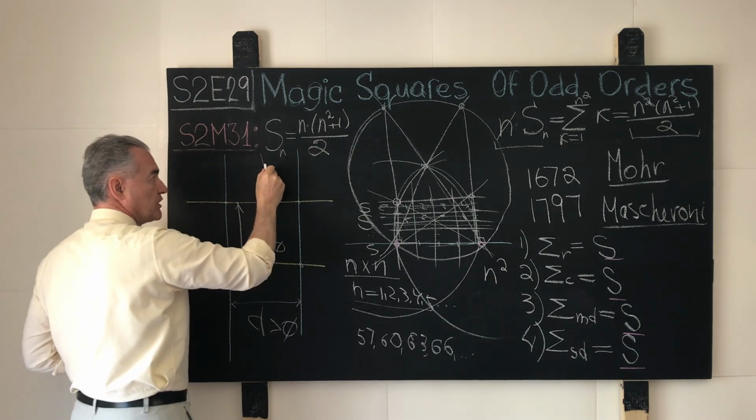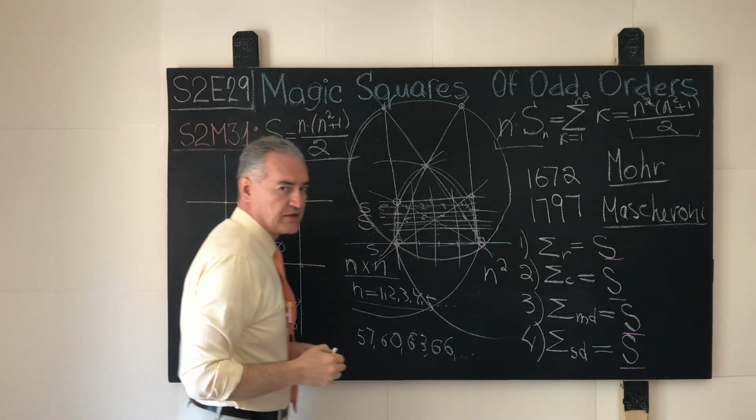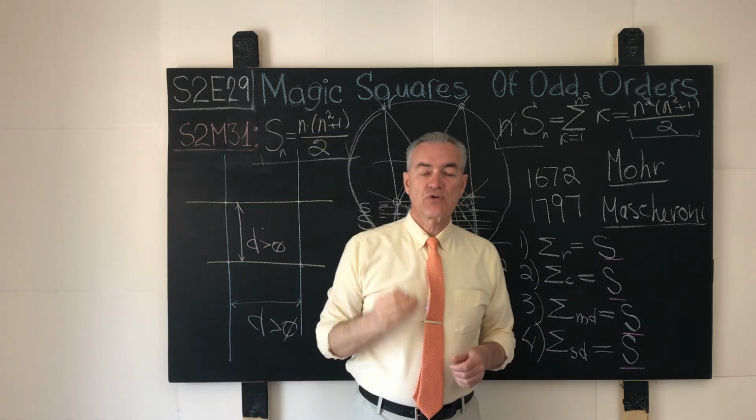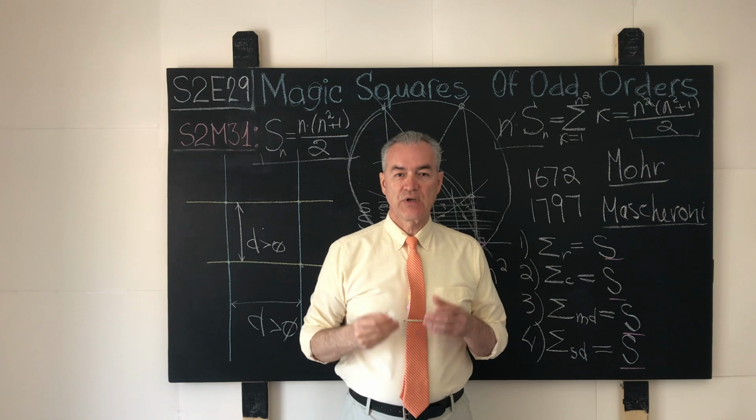And now that we have a way to compute the constant of any magic square, we can describe an algorithm according to which an arbitrary magic square of an odd order can be constructed.